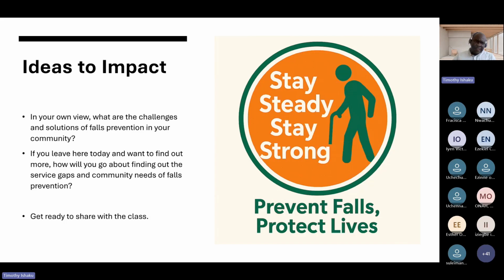If you live here today and want to find out more, how will you go about finding out more about the service gaps, the problems in your community? I've been trying this in my clinic. It doesn't work. How will you go about finding out the information, the service gaps and needs?